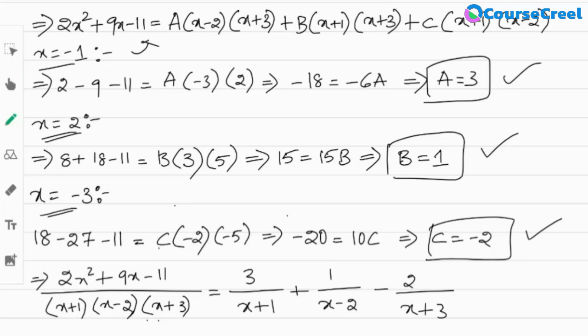So in this way we can obtain the partial fractions for the given proper fraction, and this is the case where the denominator has unrepeated factors.